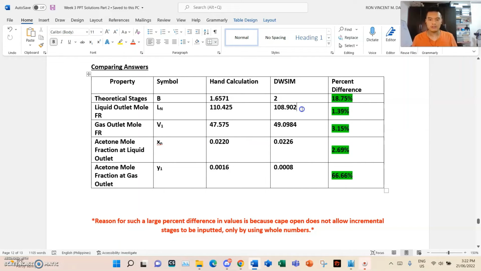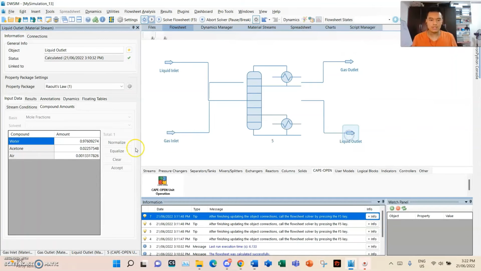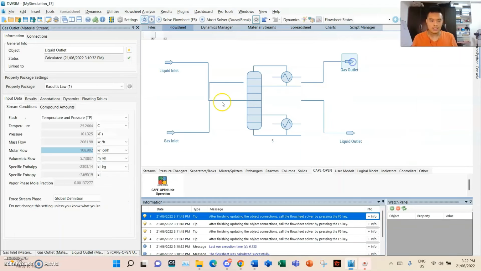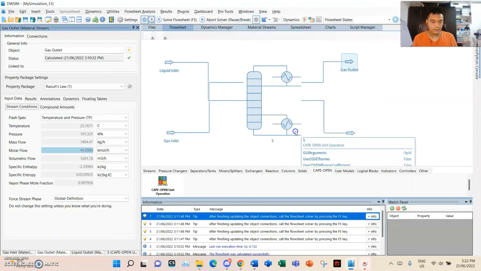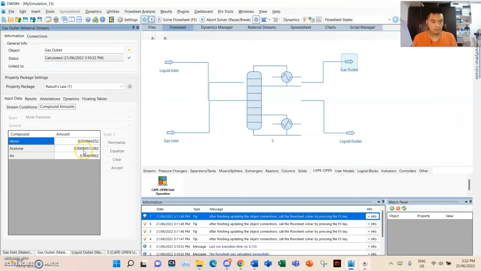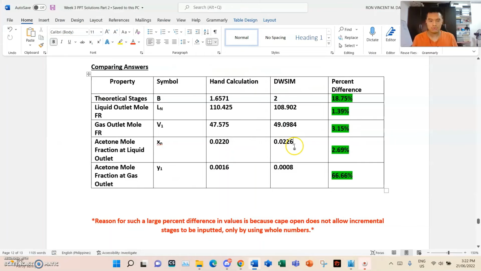So for the liquid mole outlet, it's 108.902. For the gas, it's around 49.09484. Then for the acetone in the gas, it's 0.0008, and the acetone in the liquid is 0.0226.